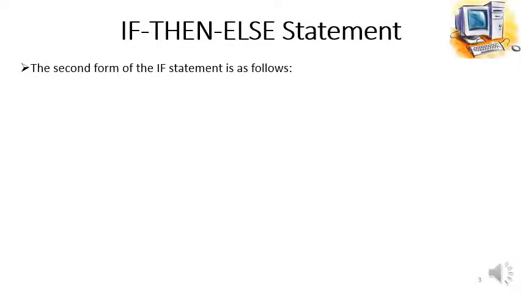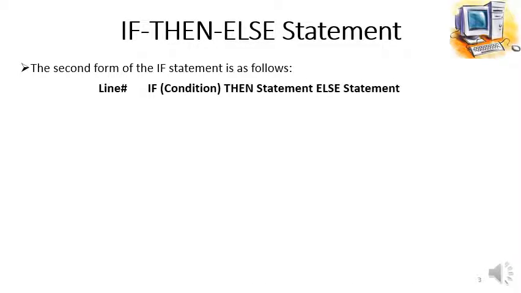The second form of the if statement is as follows. Now here we are using the if then else statement along with the else. First we have to mention the line number, then the keyword if, followed by the condition, then the then keyword which is followed by statements.